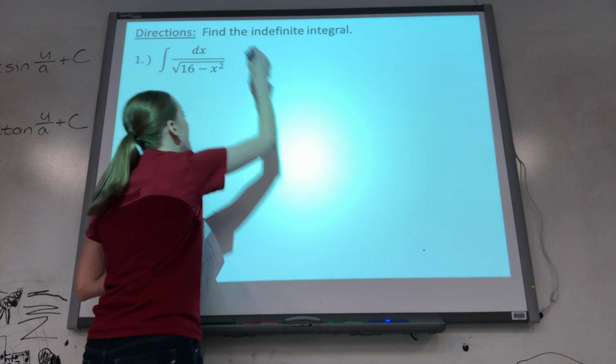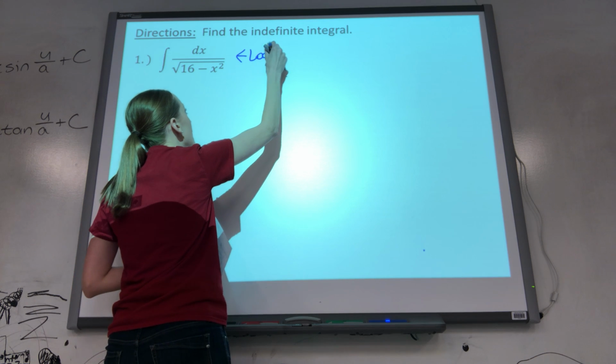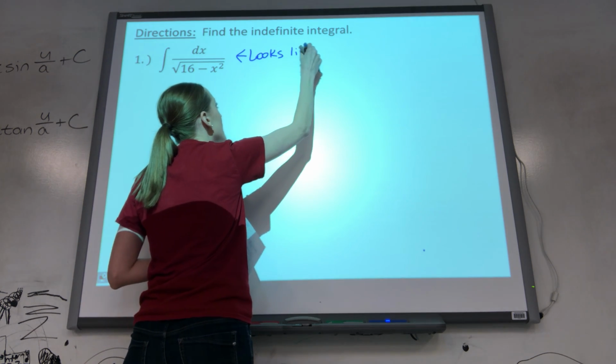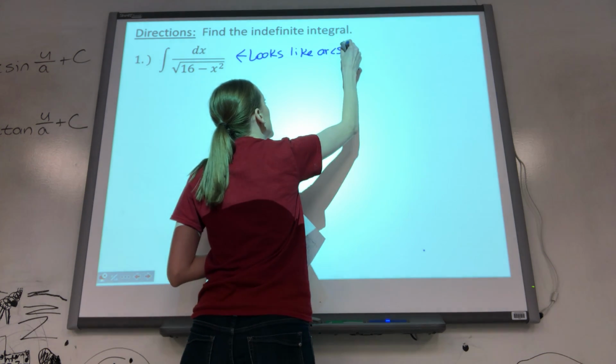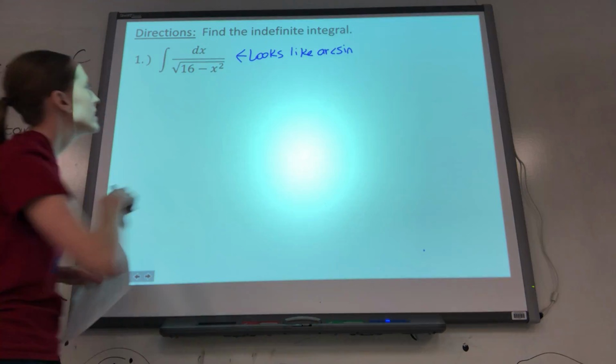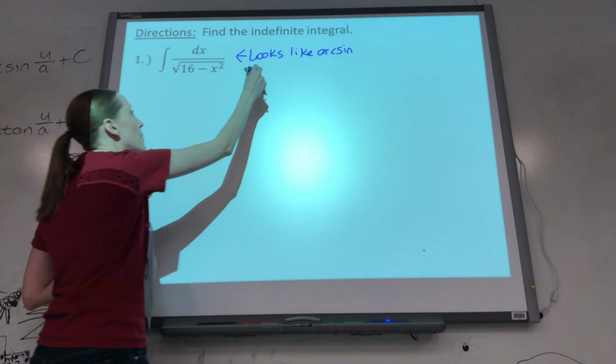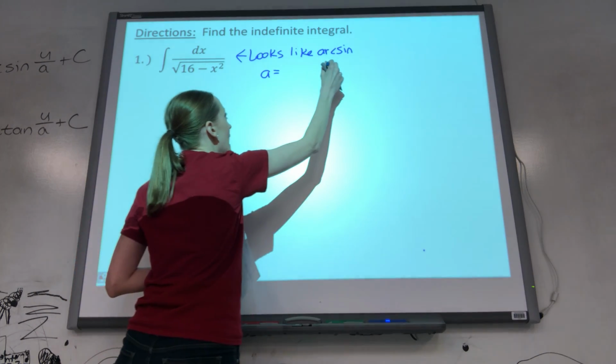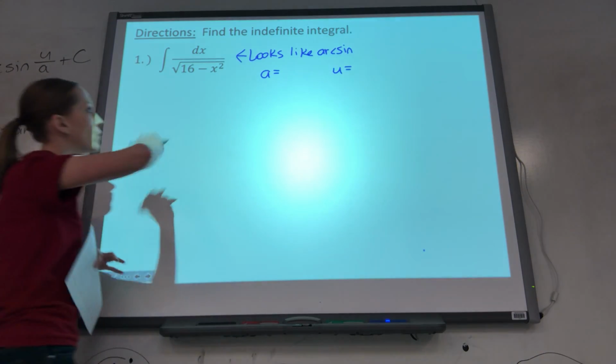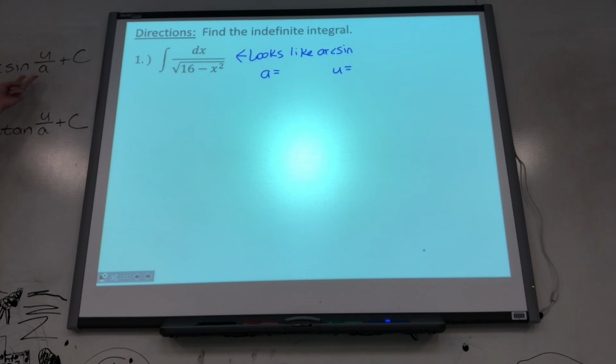So I'm just going to write this out to the side here. It looks like arcsine. I know it's going to turn into arcsine. So let's go ahead and talk about A and U. I'm going to have to use both of those in my answer, so I want to figure out what those are.